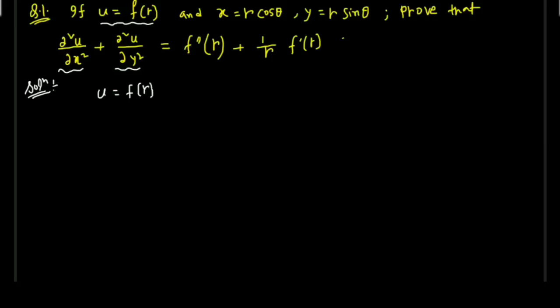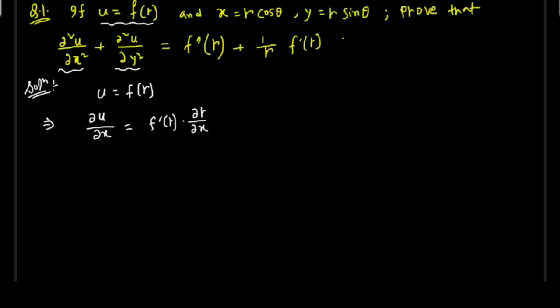Now if we take the differentiation of u with respect to x, then it will be del u del x. So it will be just f dash r, and as this is a function of r, we have another term, that is del r del x.